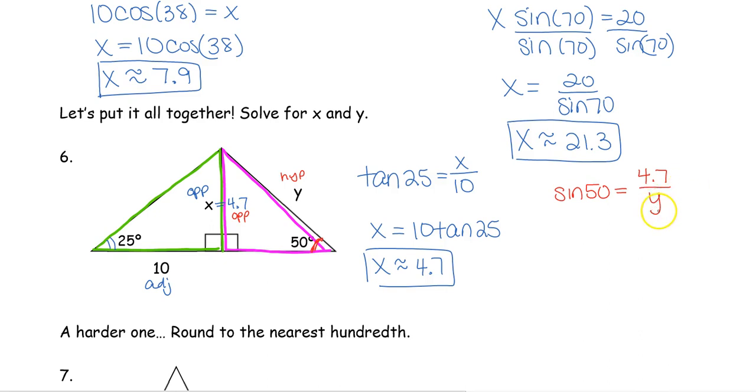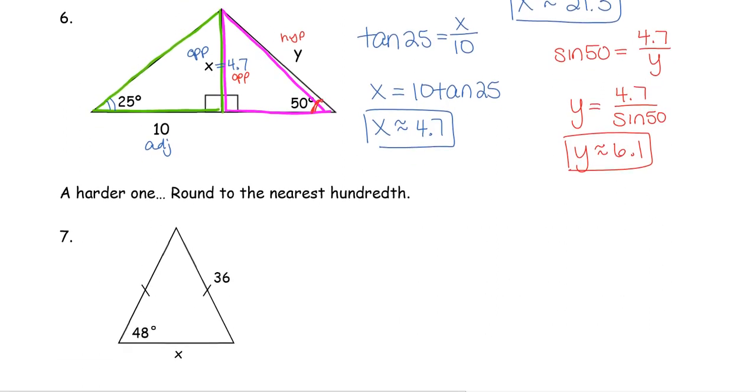Since I'm dividing by my variable to solve, it's y is equal to 4.7 divided by sine of 50. I just switch out the y and the sine of 50. When we divide that, rounding to the nearest tenth, we get y is about 6.1.